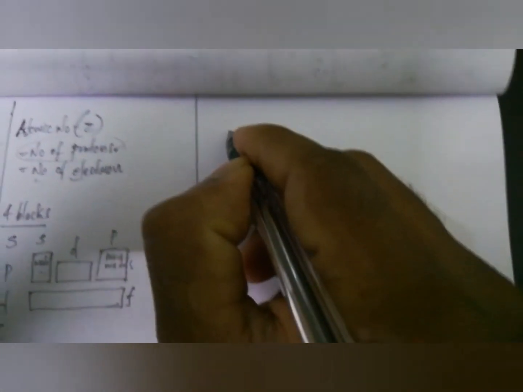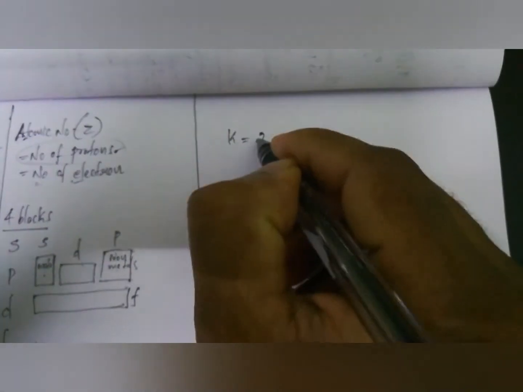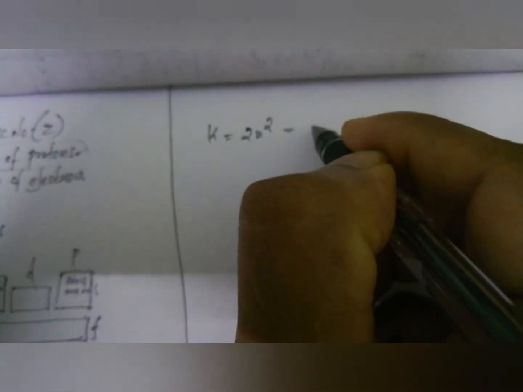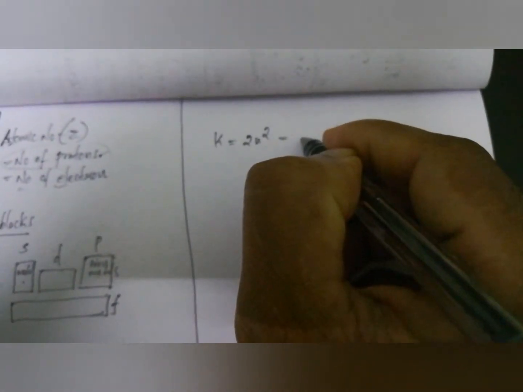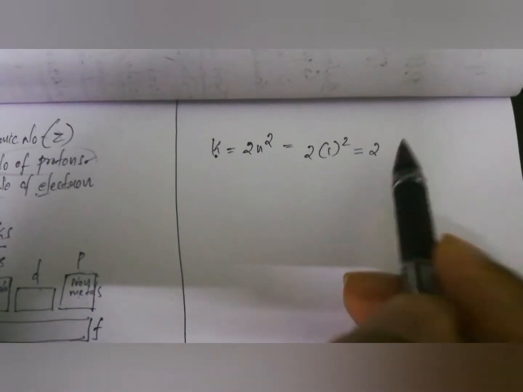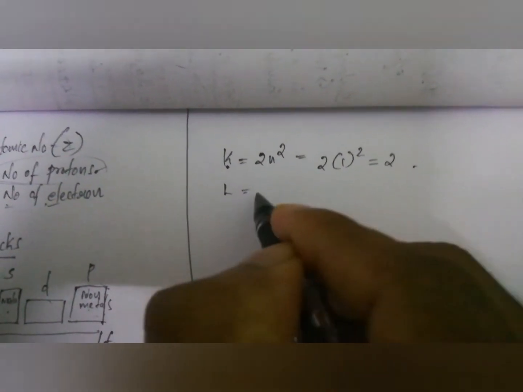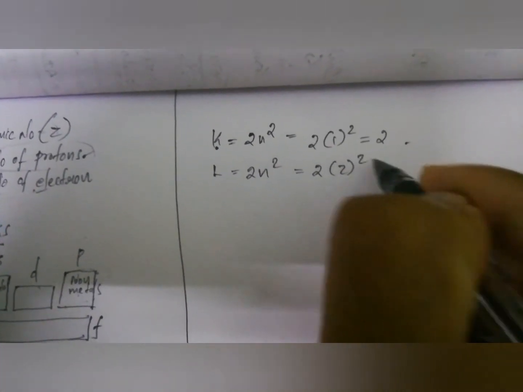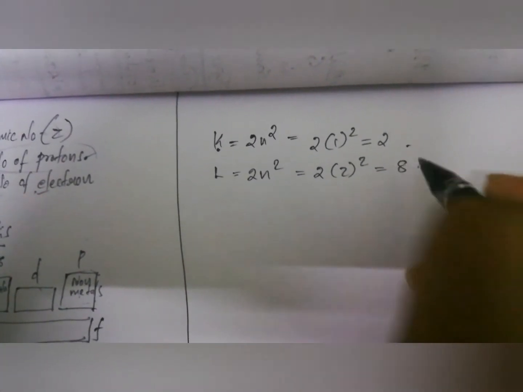Therefore, in the K shell, we use the formula 2n squared, where n is 1. 2 into 1 squared is 2. The number of electrons in the K shell is 2. In the L shell, 2 into 2 squared is 8.